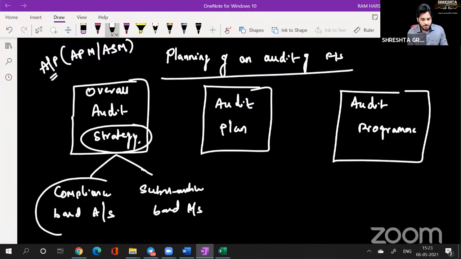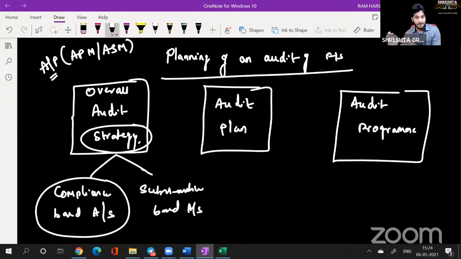What is compliance based audit strategy? Suppose a particular organization is completely in an automated environment, where the transactions are completely processed through systems.